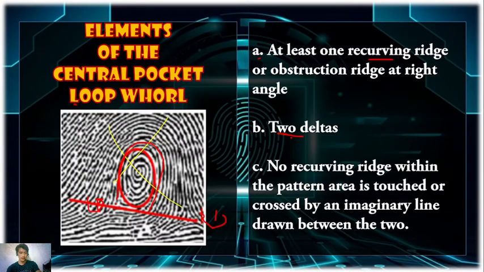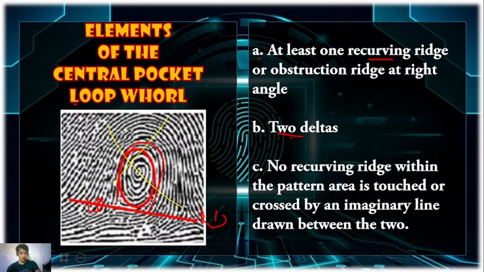Okay, so with that, as we say here in letter C, no recurving ridge within the pattern area is touched or crossed by an imaginary line. Okay, so there should not be, wala dapat recurving ridge ang sumasagi sa ating nagawang imaginary line.